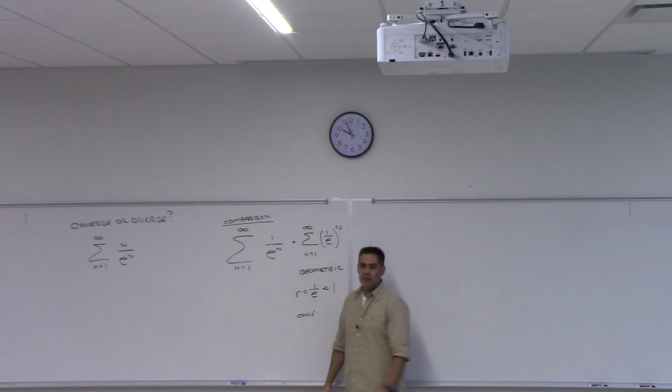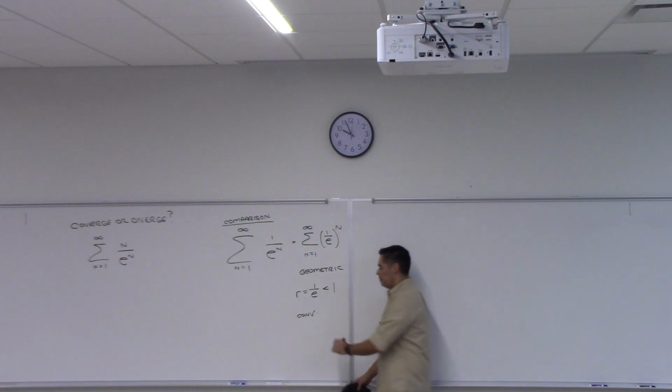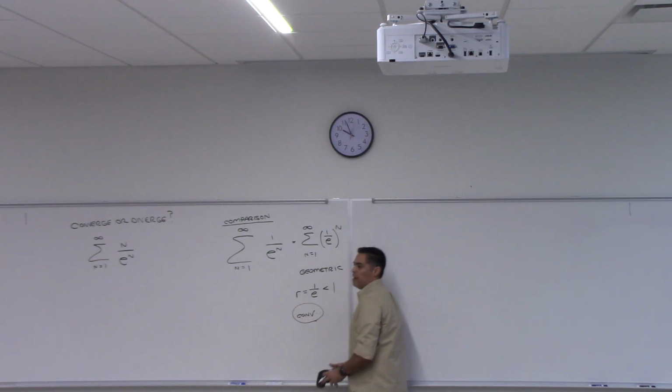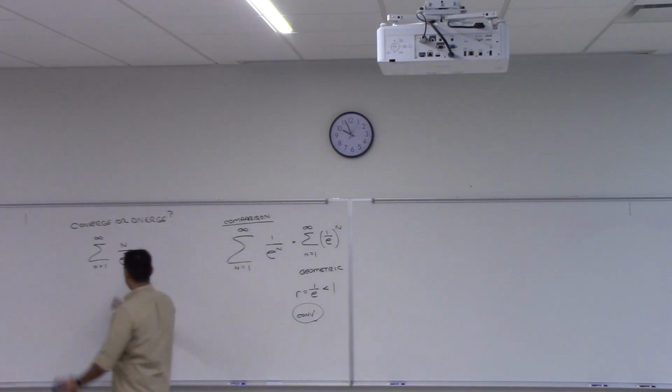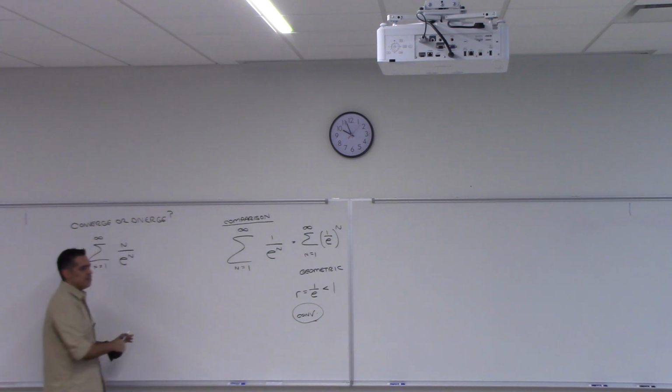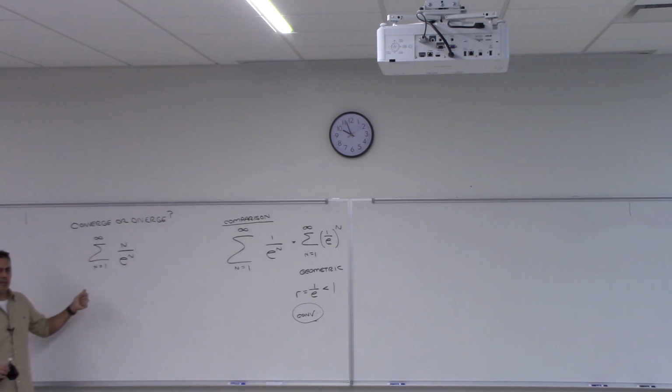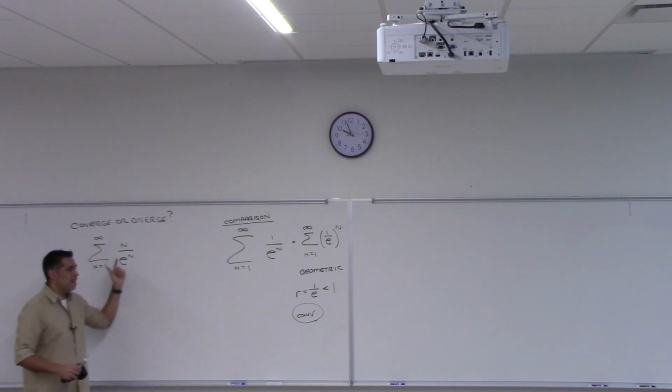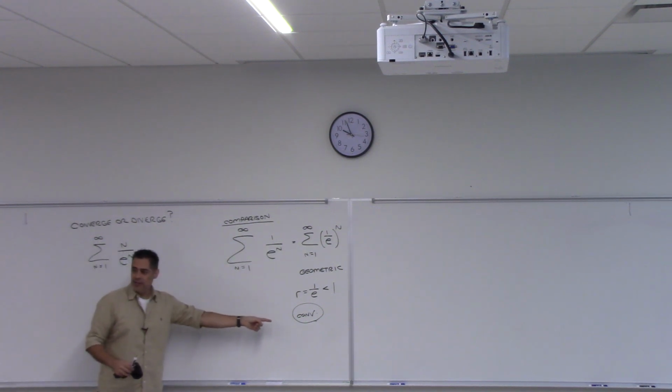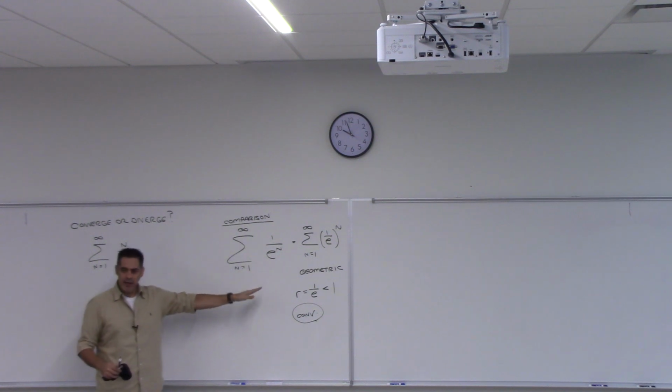Okay? By the way, on your quiz, what was your answer? Was it convergent or divergent? It was convergent, right? Okay, so I'm about to compare this to a convergent series. Do y'all see how I picked this series and why it's geometric and why it converges? Everyone good?